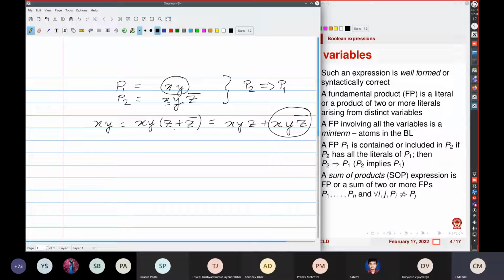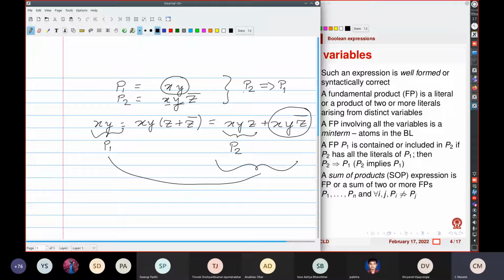All right, so what you can see, this part is P2, and this P1 is really this whole thing. This whole thing is P1. So what you can see is that whenever P2 is true, P1 is going to be true.